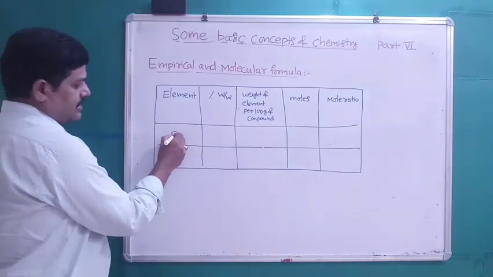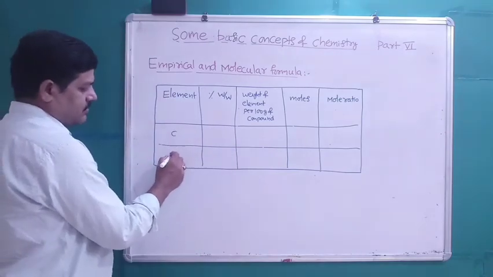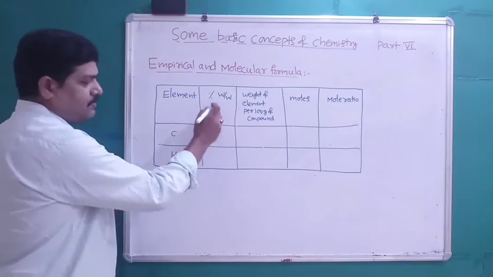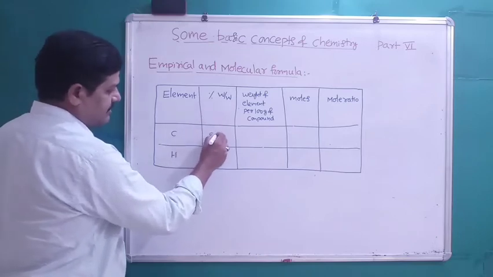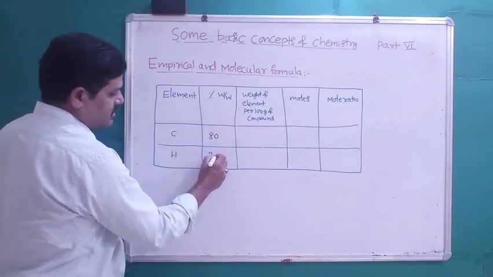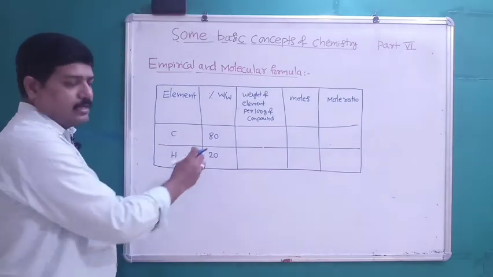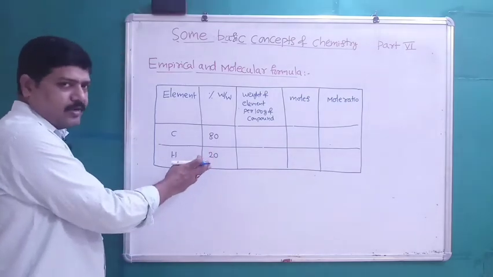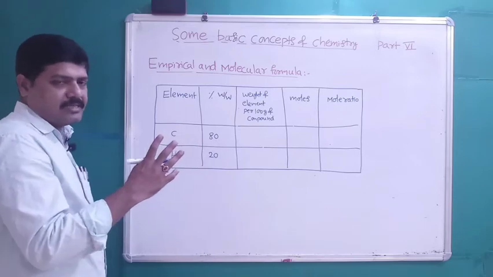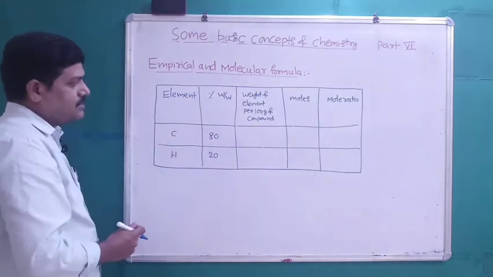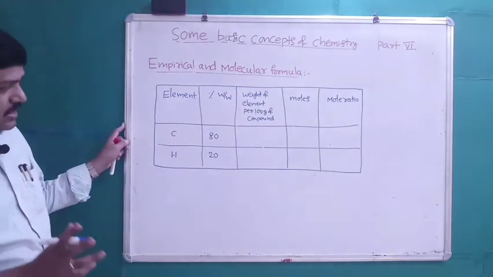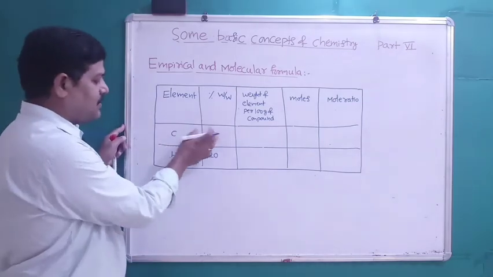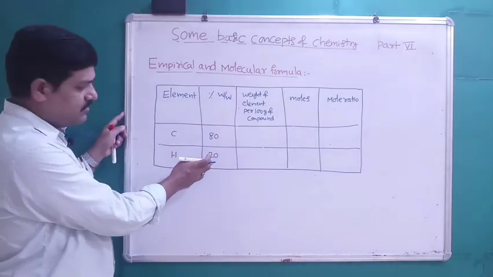If the percentage weight by weight of carbon is 80, then hydrogen will be the remaining, 100 minus 80 is 20, because a hydrocarbon has carbon and hydrogen.